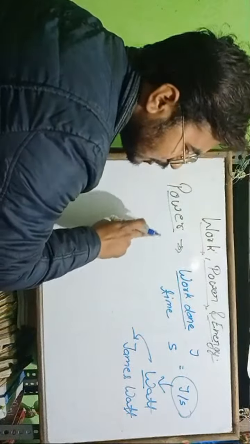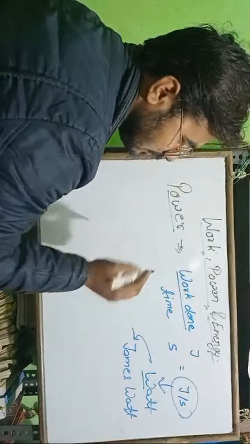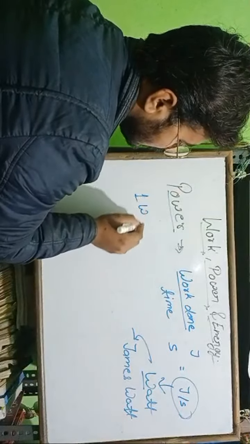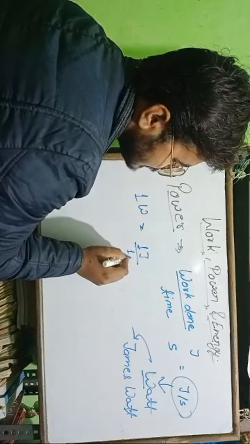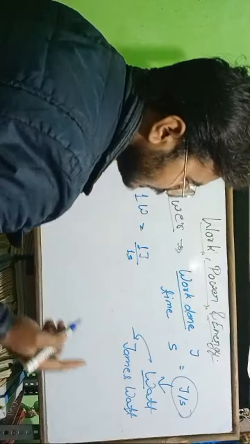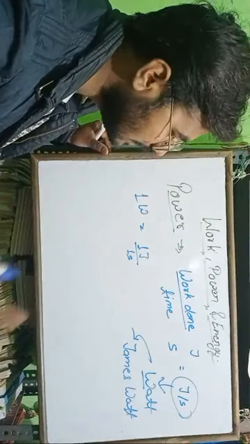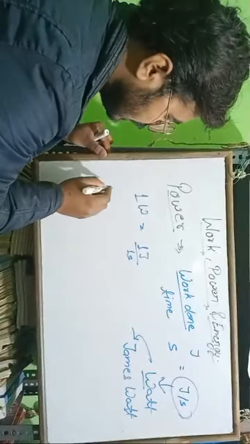So the SI unit of power is watt. And again, if you want to write the definition, 1 watt is equal to 1 joule upon 1 second. So when 1 joule of work is done in the time of 1 second, there would be 1 watt of power applied.